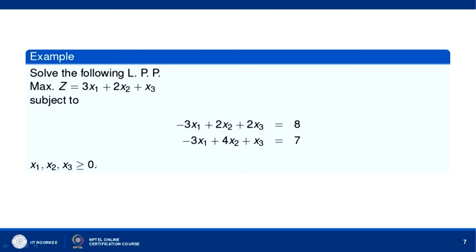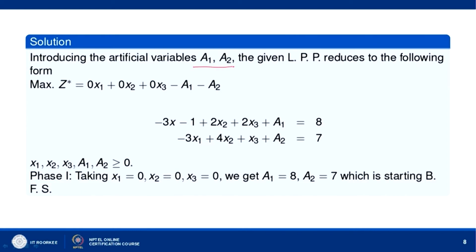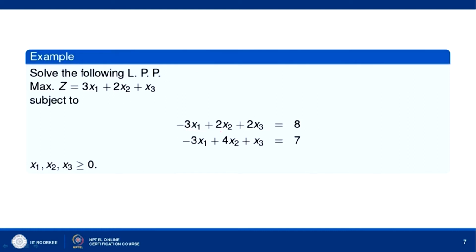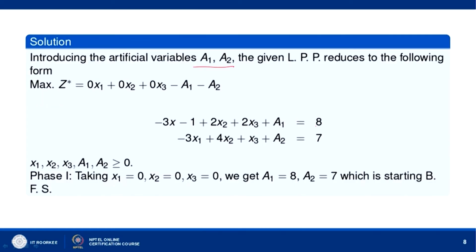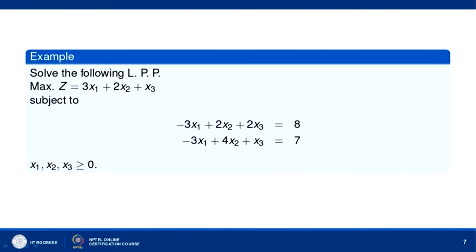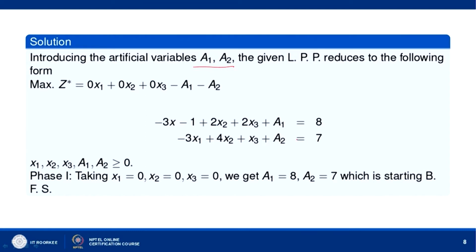So, what we will do, we will consider two artificial variables here, A1 and A2, and the given LPP will become: maximize Z star equal to 0x1 plus 0x2 plus 0x3 minus A1 minus A2, subject to minus 3x1 plus 2x2 plus 2x3 plus A1 equal to 8, and minus 3x1 plus 4x2 plus x3 plus A2 equal to 7. x1, x2, x3, A1, A2 greater than or equal to 0.